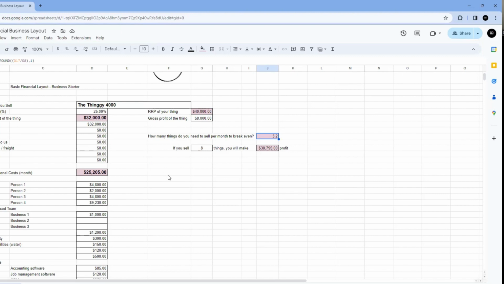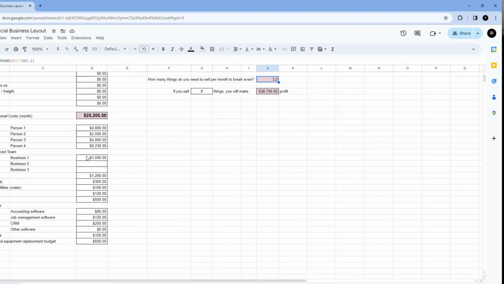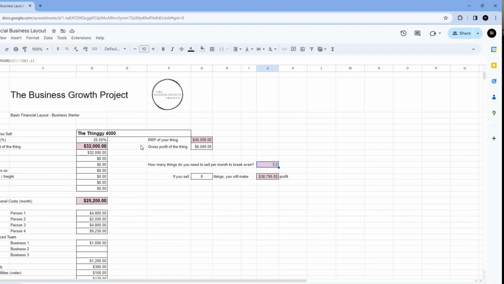Now, word of caution when you do this, make sure you put every single cost you can think of. If you can, if you've been running your business for more than 12 months, try and get a breakdown from your accountant on what your business expenses have been for the year, and simply divide that by 12, and you can put it in as a single figure.